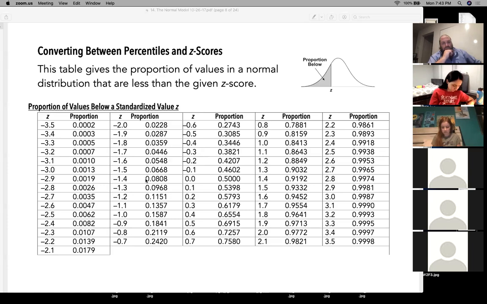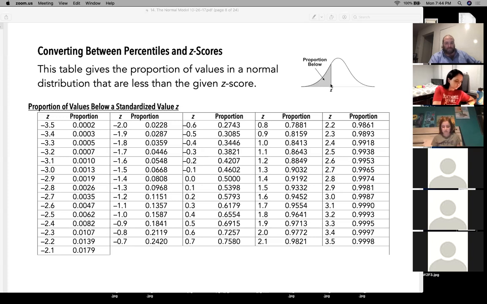Now what we have in front of us is a z-table. Notice first of all, we have a bell curve. You don't have a z-table without a bell curve. What it does is if you give me a z-score, the table tells you the percent below that z-score.